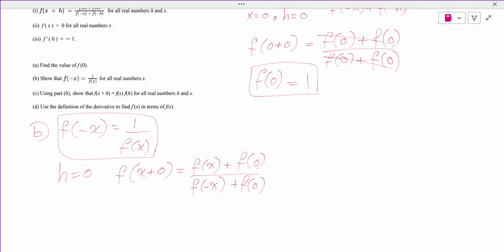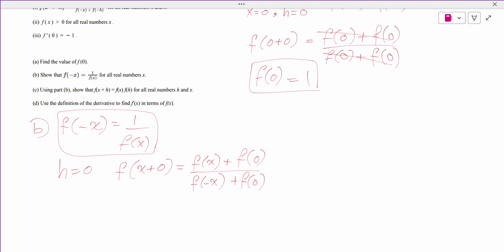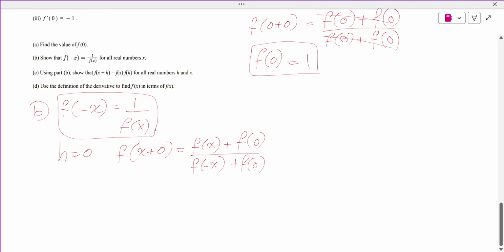Now, f of x plus 0 is just f of x, right, equals f of x plus f of 0, and f of 0 is equal to 1 from the first part here. We can just put 1 here, and this is f of minus x plus 1.